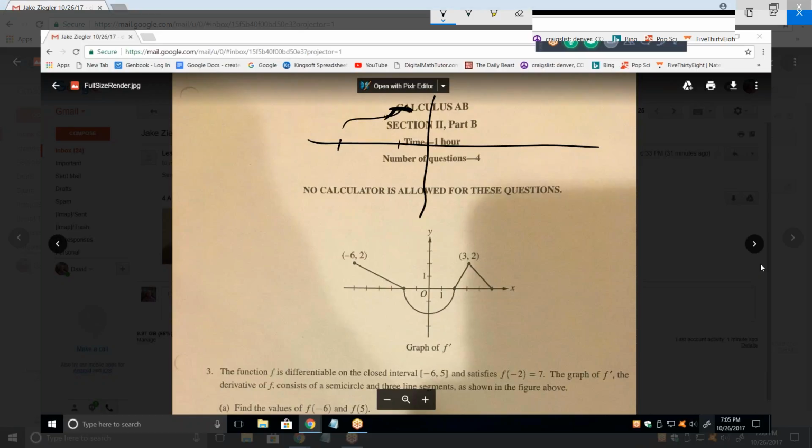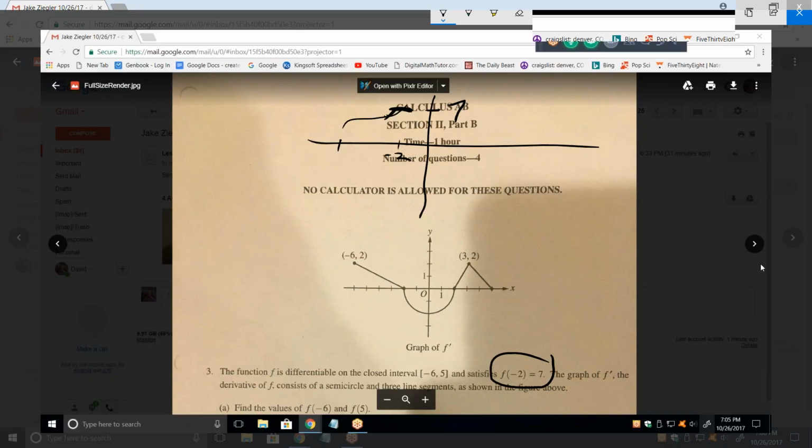Well, that kind of matches, doesn't it? In other words, what I'm drawing on top is the original function. Okay, and it tells me that f of -2 is equal to 7. Well, my f of -2 is equal to 7. Okay, you with me? Yeah.